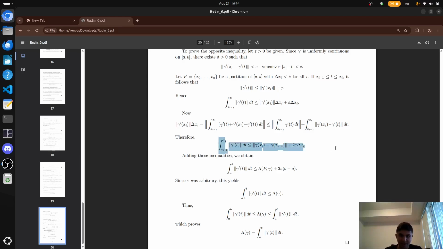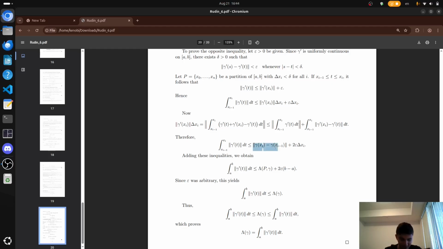So we're going to get this statement over here, and this is actually the same thing as saying the integral from a to b of the absolute value of gamma prime of t dt is less than or equal to a of p gamma plus 2 epsilon times b minus a. This is because we're adding the integrals of xi minus 1 to xi to get from a to b. So this delta xi eventually will become just b minus a.